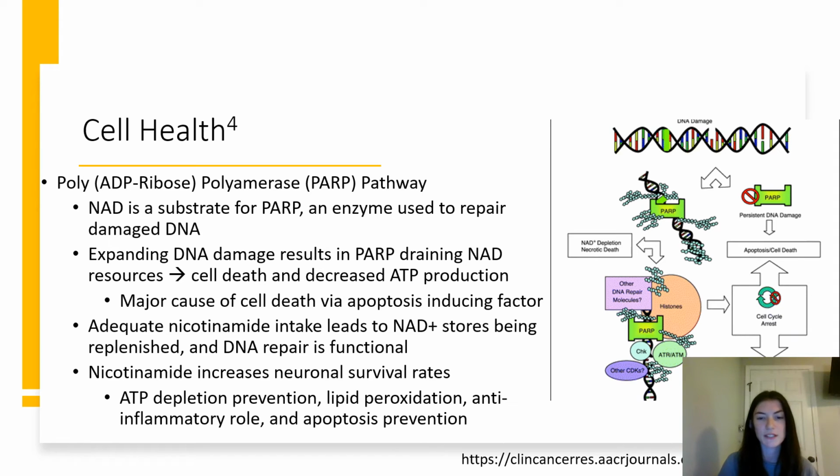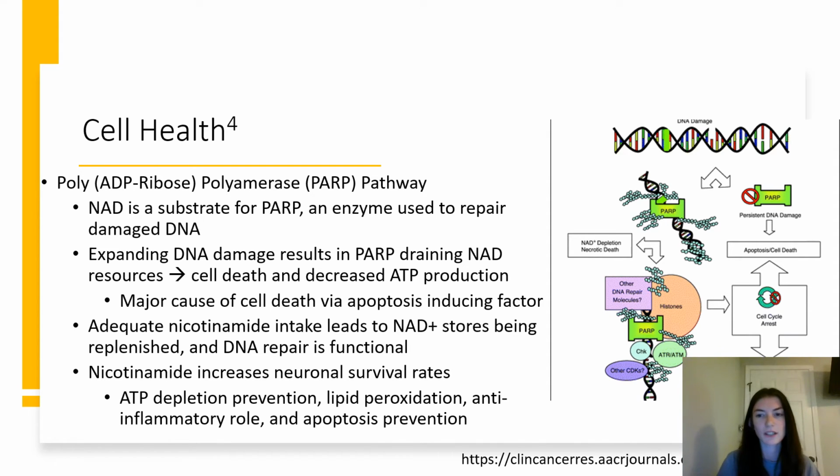Nicotinamide also increases neuronal survival rates. It prevents ATP depletion, it helps in lipid peroxidation, and it plays an anti-inflammatory role as well as preventing apoptosis. So again, I just want to reiterate, it is very important for us to be meeting our niacin RDA.